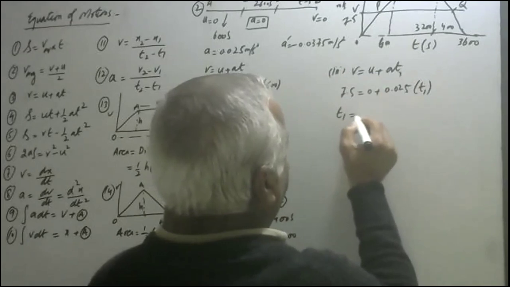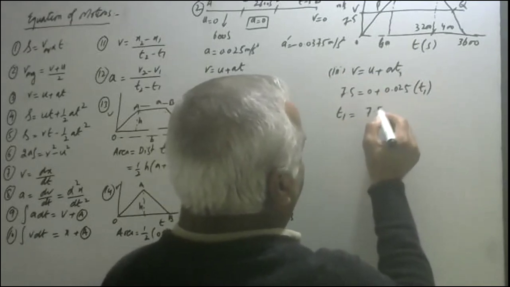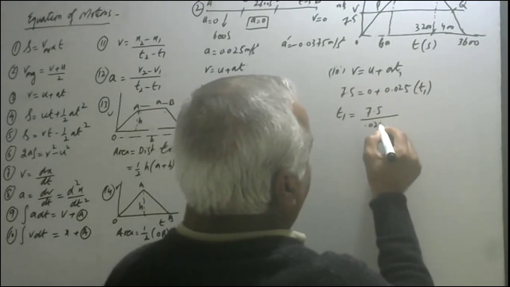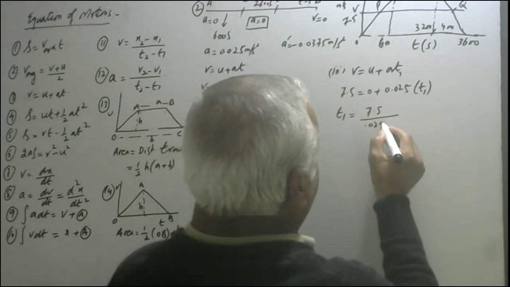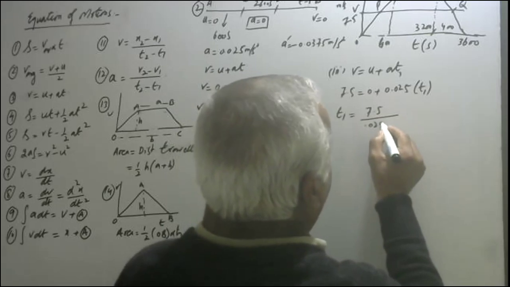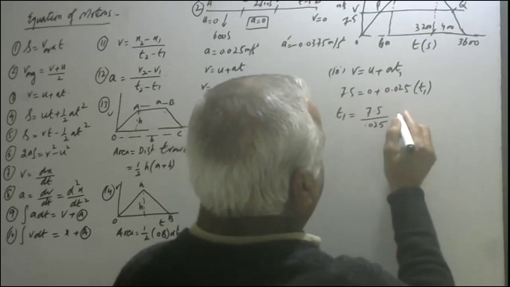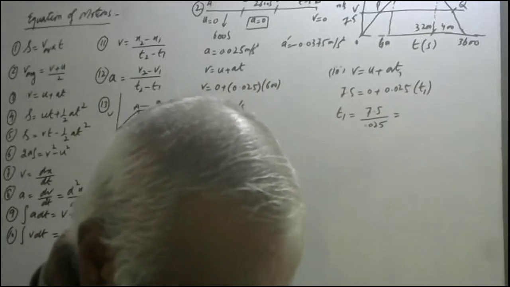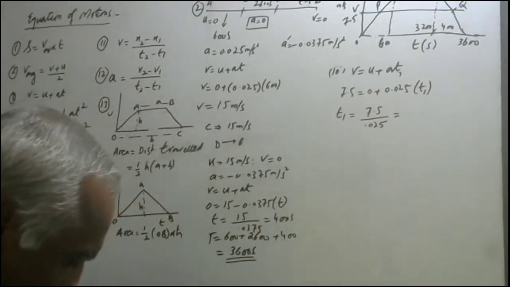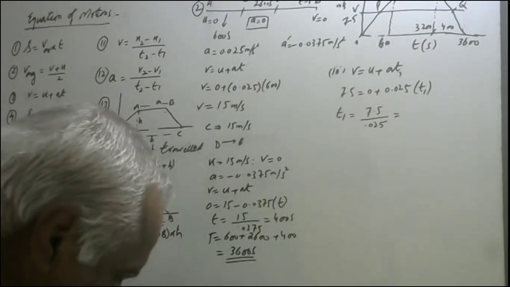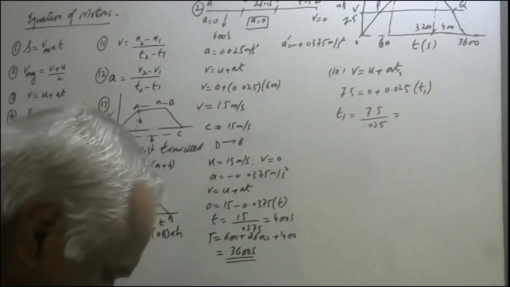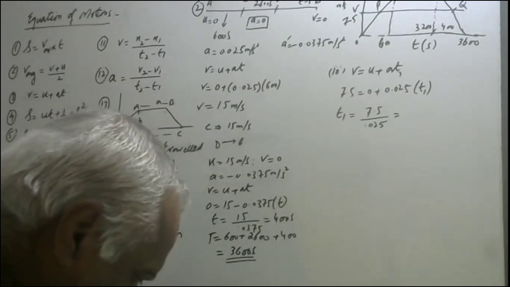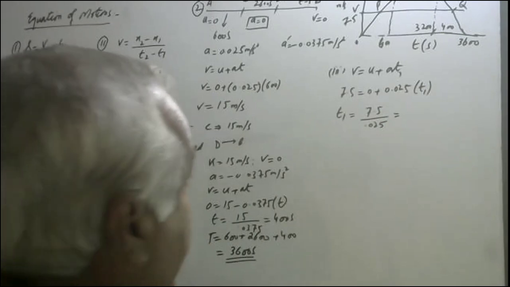So T1 is equal to 7.5 over 0.025, which is equivalent to 300 seconds.